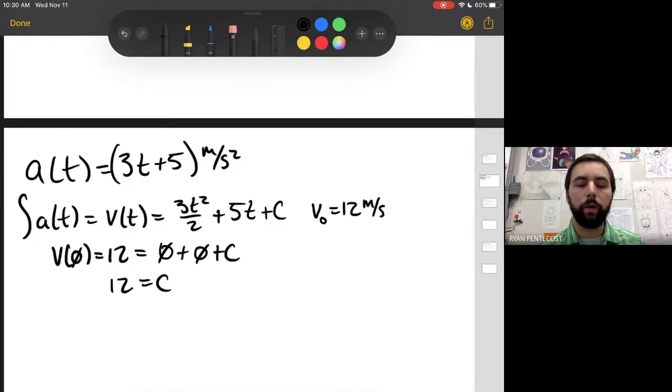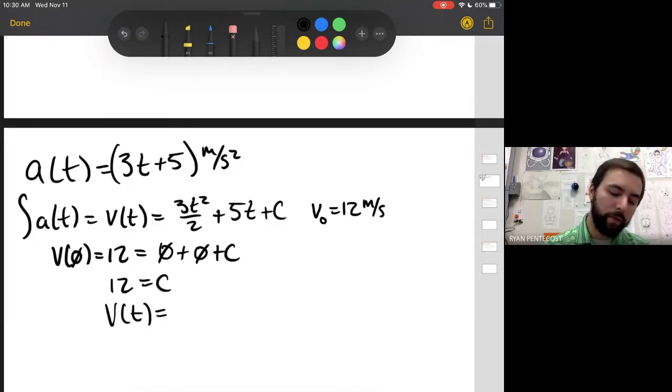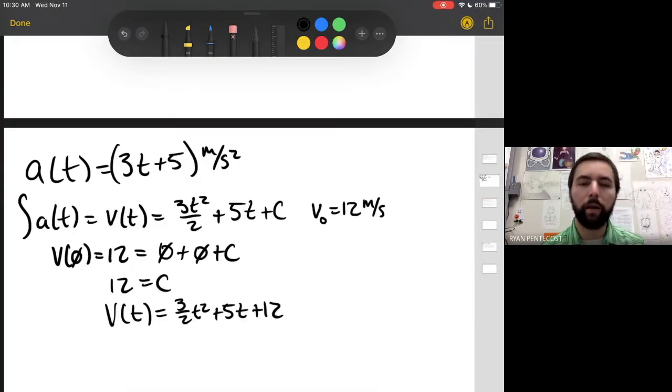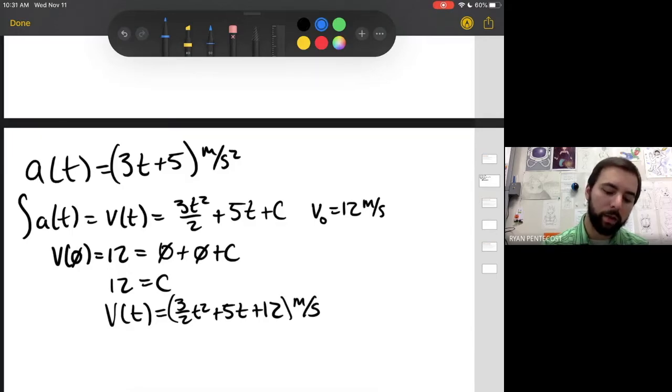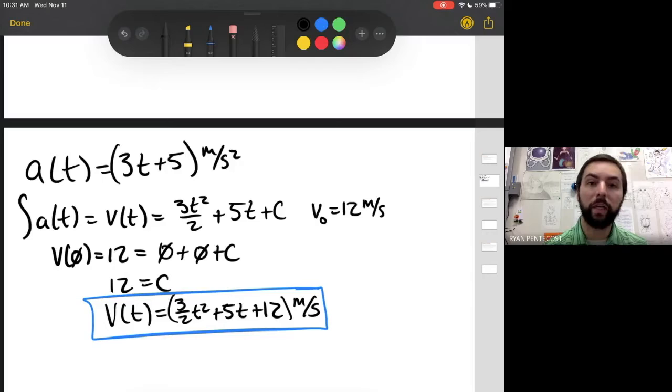Now, when you start thinking back to math, when you have a function and you have a constant at the end, that constant is going to describe initial conditions, right? So when you have a velocity or acceleration function, something along those lines, if you look at the constant in the function, that actually tells you what the initial value is.